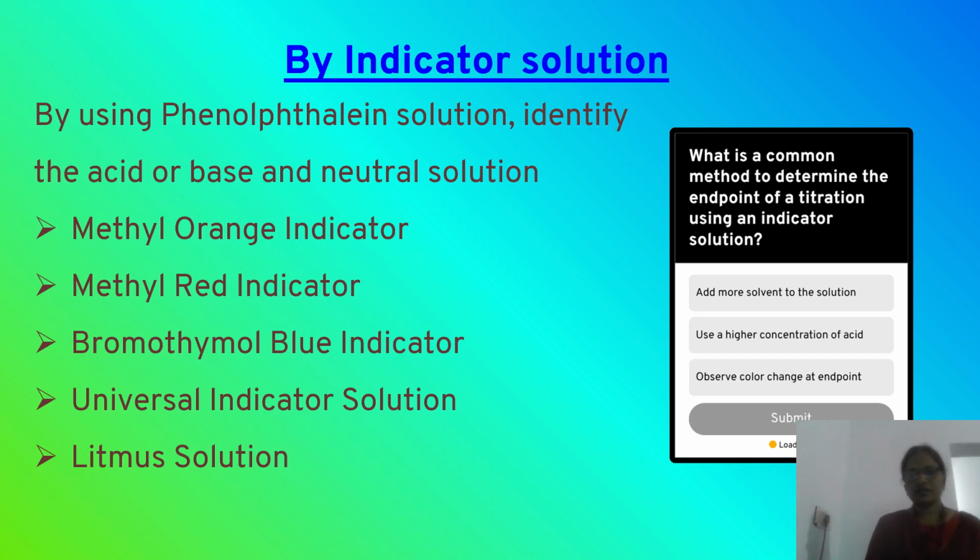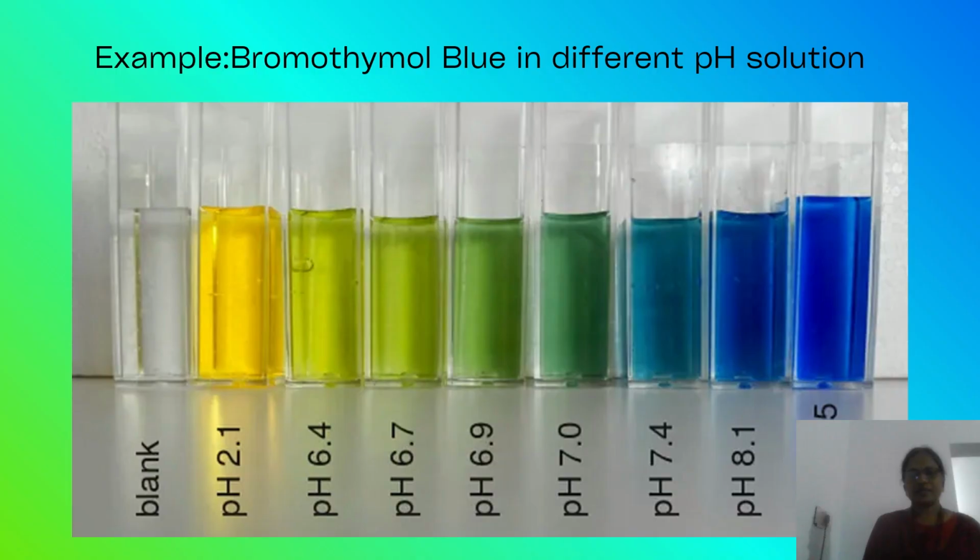So this is the best example. Bromothymol blue is a universal indicator. The color changes from acidic to basic. If you are taking an acidic solution, the bromothymol blue becomes colorless, then slightly yellow when it is weakly acidic.